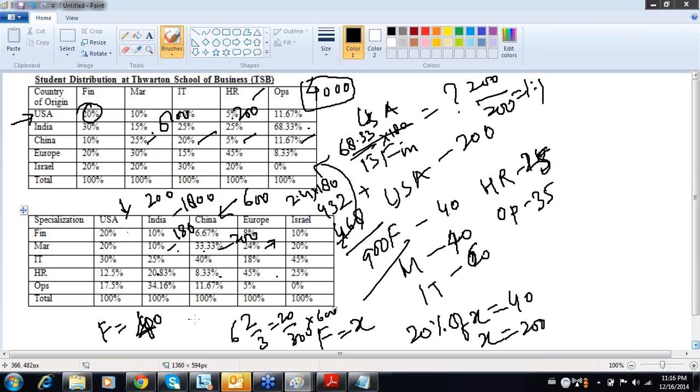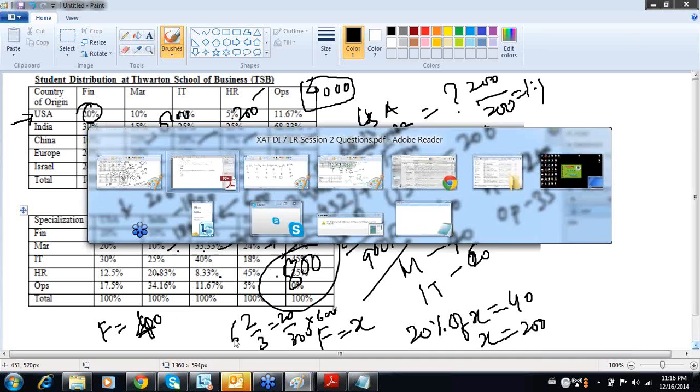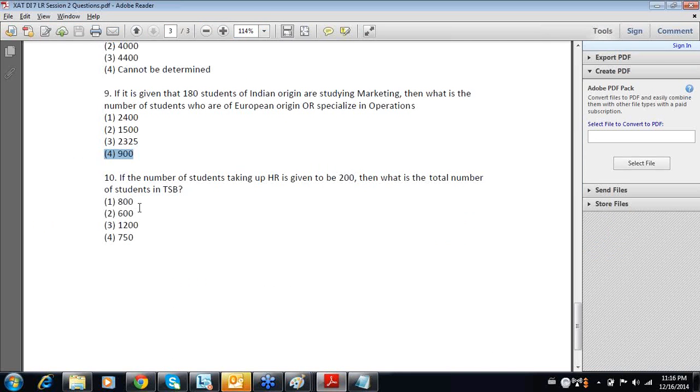You will get the total number of students to be 800. So we'll go ahead and mark option number 1, 800.